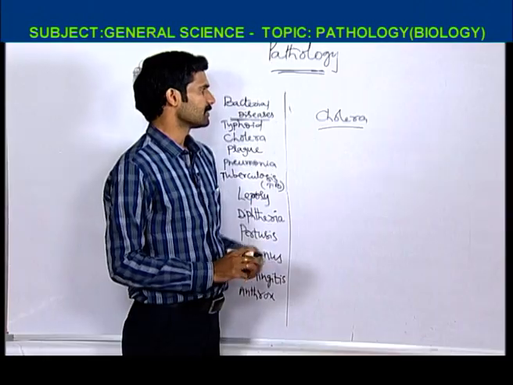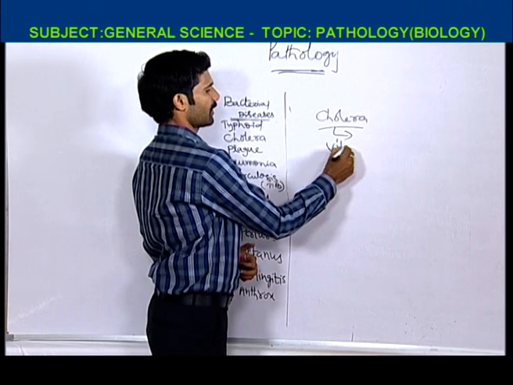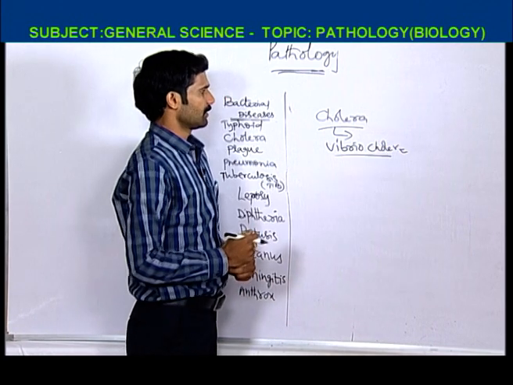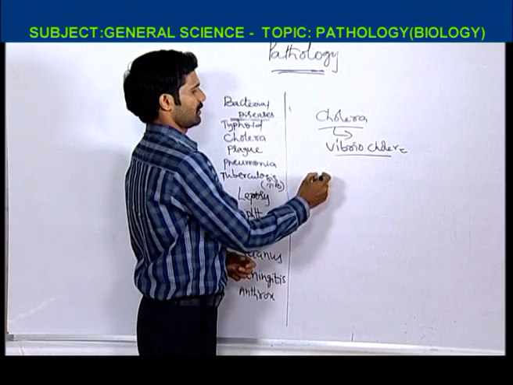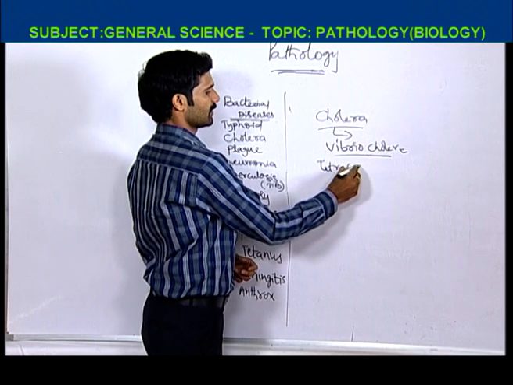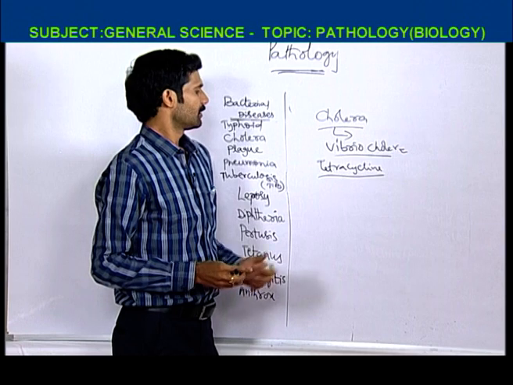Next bacterial disease, cholera, is caused by Vibrio cholerae bacteria. For this cholera disease, the antibiotic tetracycline is effective in treatment.